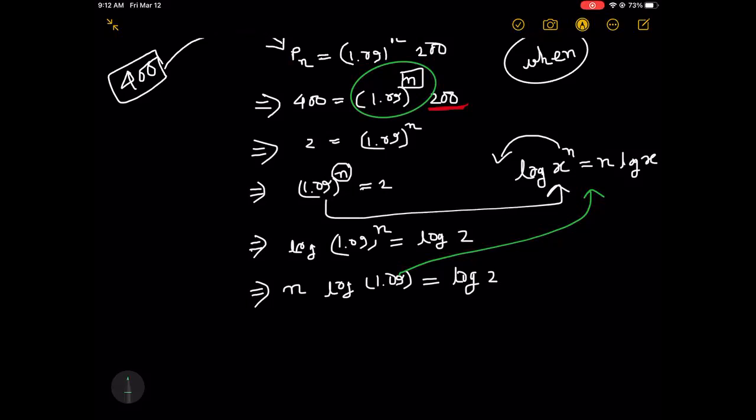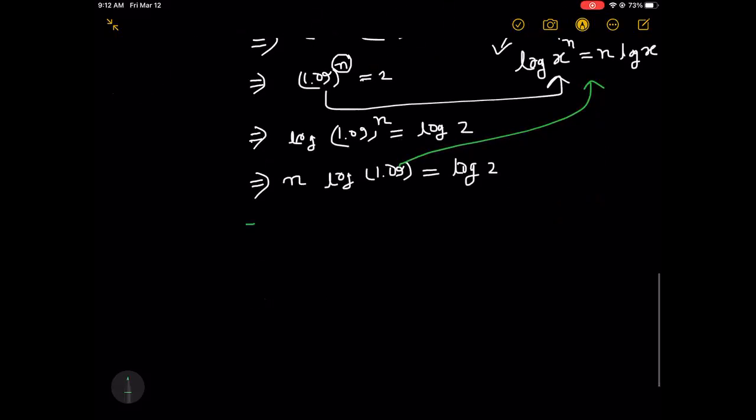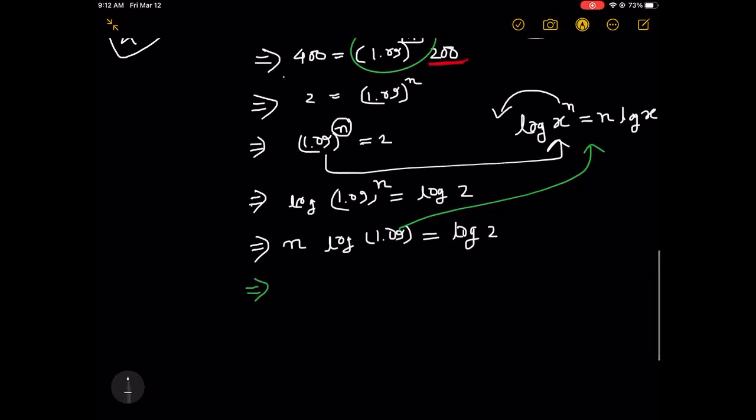All right, okay. So we have used that property. What should we do next? You should divide both sides by log of 1.09. And why again? To isolate n on the one side. Very good. So again, we'll use the same principle we used here. We tried to isolate the term with n.